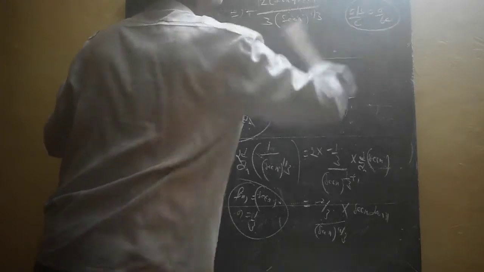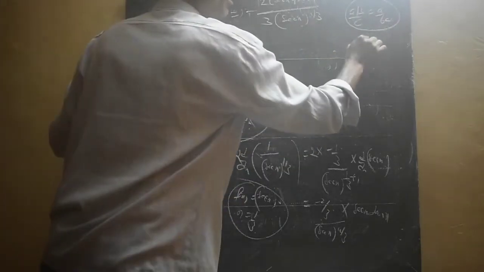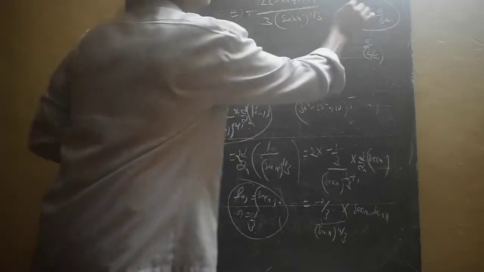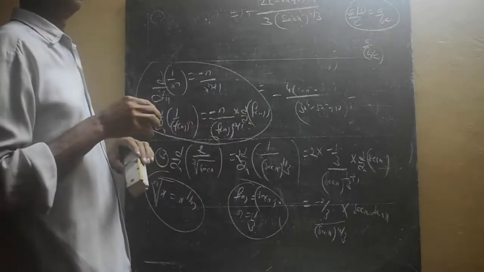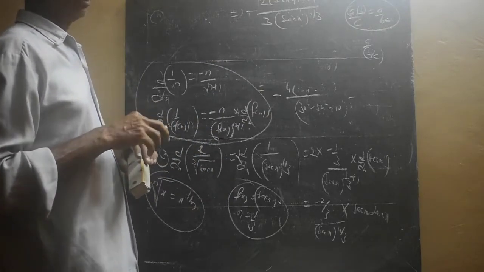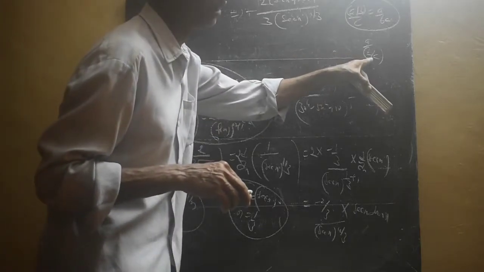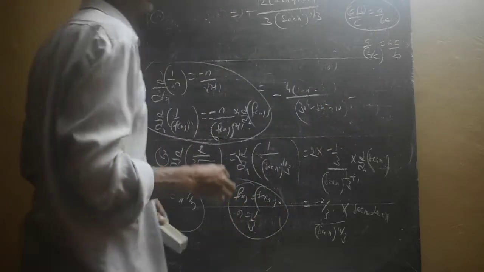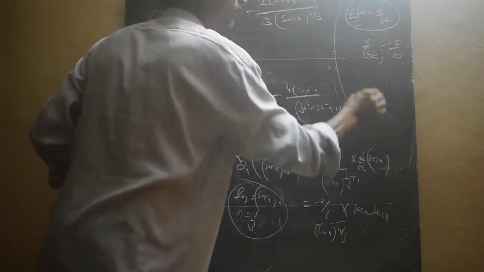But what about a upon b by c? Here the numerator is having two terms, a by b upon c, that's equal to a by bc. But what about a upon b by c? The denominator is b by c. That equals a c upon b. I will do the explanation for both.